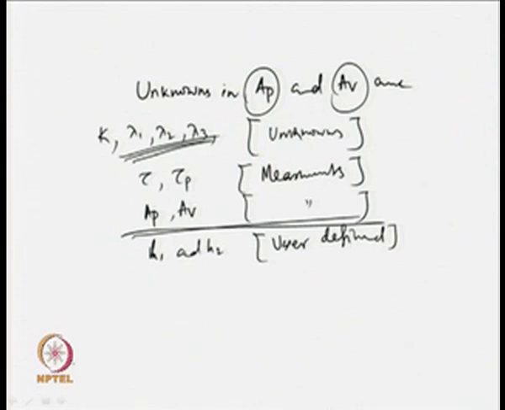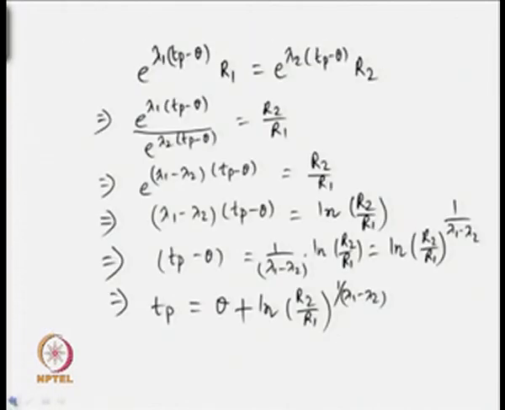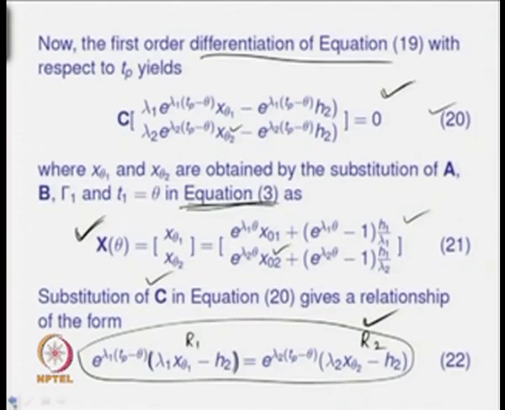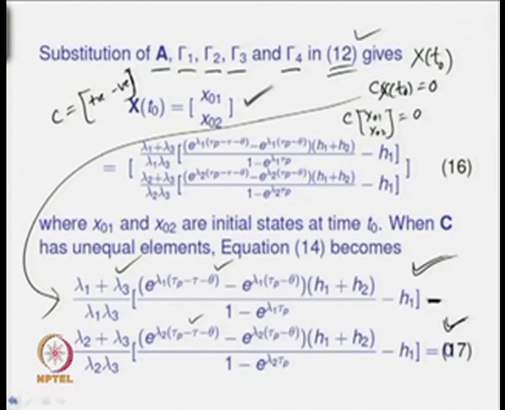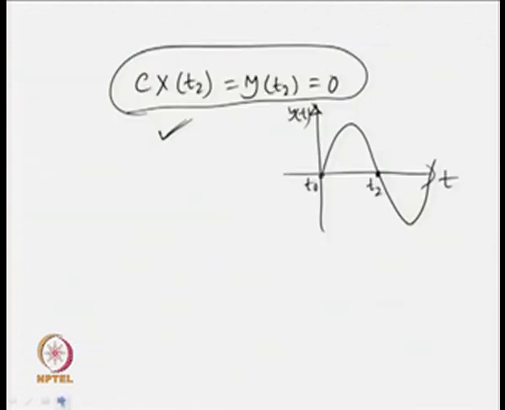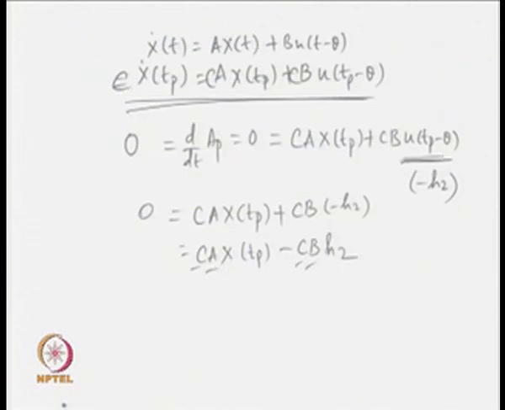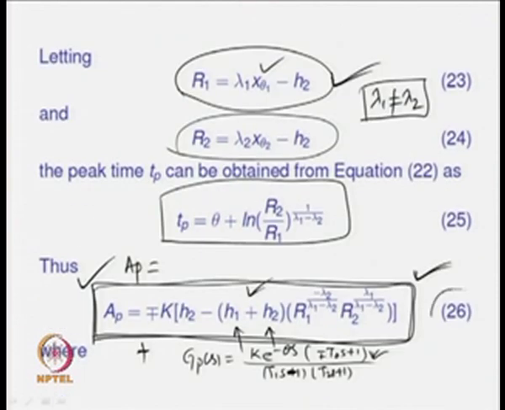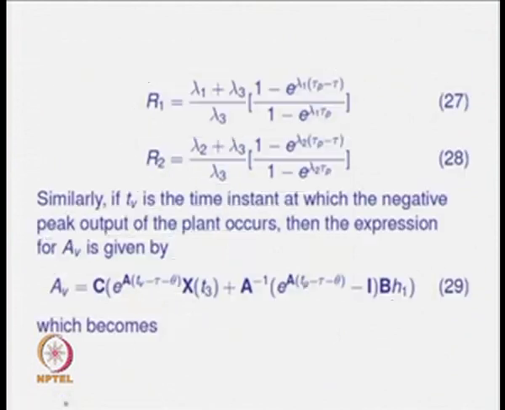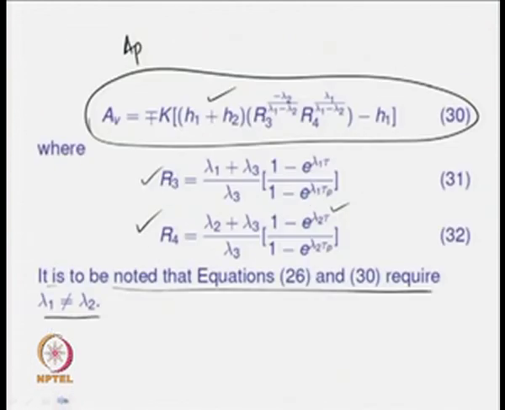So, we have finally found 4 important expressions to estimate the unknown parameters. What are those? Let me show you again. Those 4 expressions are equations 17, 18, 26 and 30.